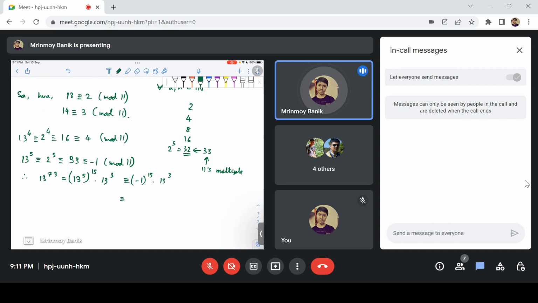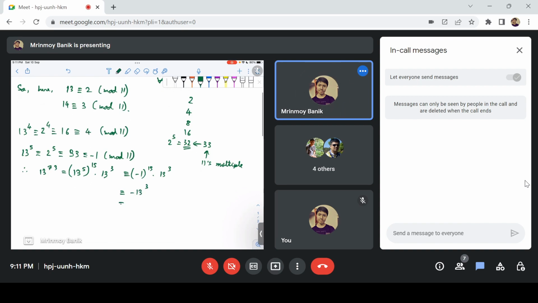Minus 1 power 14 is 1, so it's plus 13 cube. And we know 13 is like 2, so it's 2 cube, so that's 8.